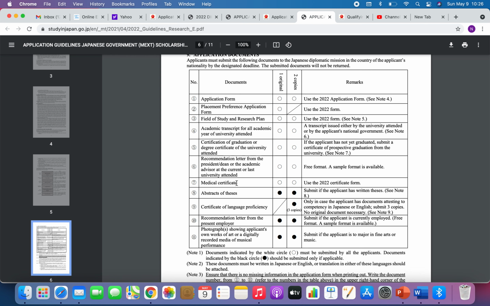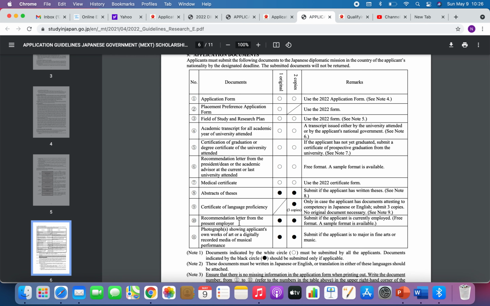You have the medical certificate, and then these items in black dots are not compulsory, but if you have them, you should provide them. For example, if you have your thesis, you should provide the abstract. If you have a certificate showing that you're proficient in English or Japanese, you should provide it, but if you don't have it, don't worry.